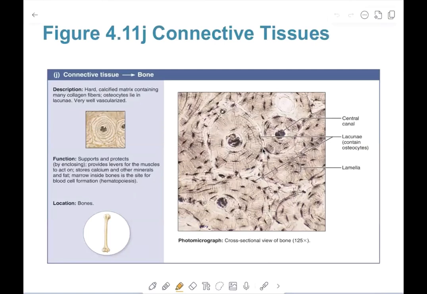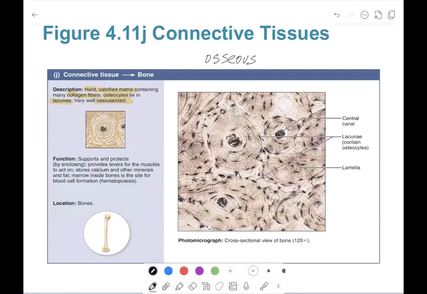The next type of connective tissue is that of bone, which we can refer to as osseous tissue. The description of it is that it is a hard, calcified matrix, which has many collagen fibers, has mature cells called osteocytes, and they lie in lacunae, and it is vascularized.